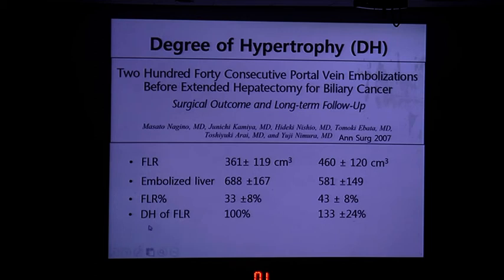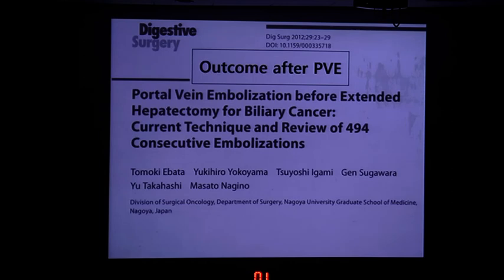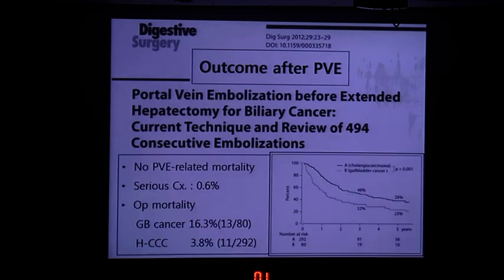Future liver remnant hypertrophy degree was on average 133%. Also an outcome from Nagoya's results, 494 patients, no portal vein embolization related mortality, no serious complication, and operative mortality was limited.